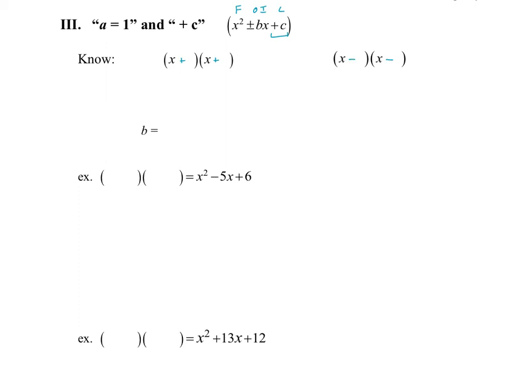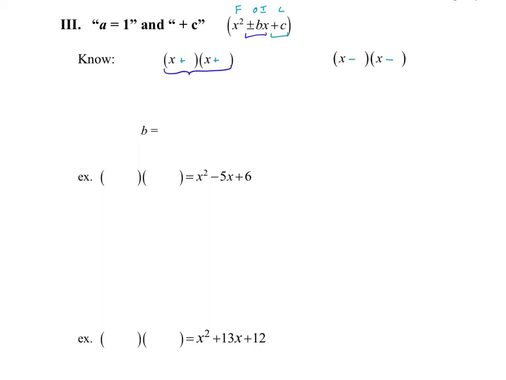But if we look at that middle number, so if we have this here, you see I have a plus or minus in there, so it could be either. Well, if that comes from the outside and the inside, when I look at this one, if I do my outside and my inside, I'm going to get a positive for sure, because I have a positive number of x's plus another positive number of x's. So it's going to be x plus x plus.